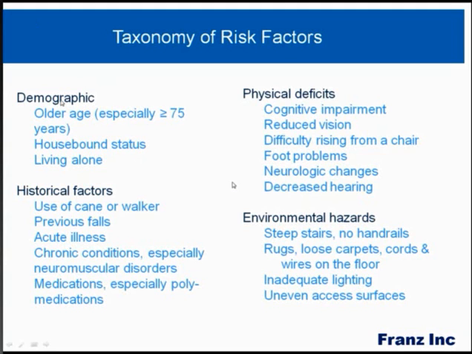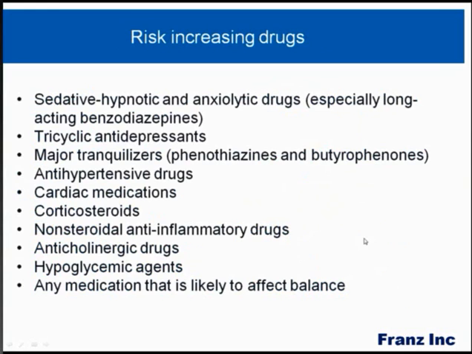What we added to the taxonomy was things about age and housebound status, whether the person was living alone, some historical factors about the patients, some physical deficits, some environmental hazards, like a very steep chair, or a chair that doesn't have a handrail, etc.